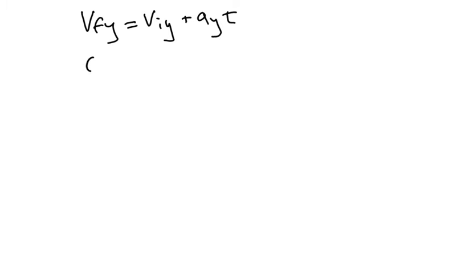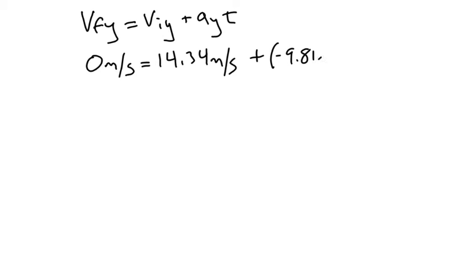So I set that equal to the apex, 0 meters per second equals our initial velocity in the y, 14.34 meters per second, plus negative 9.81 meters per second squared times t. Solving for t equals 1.46 seconds.